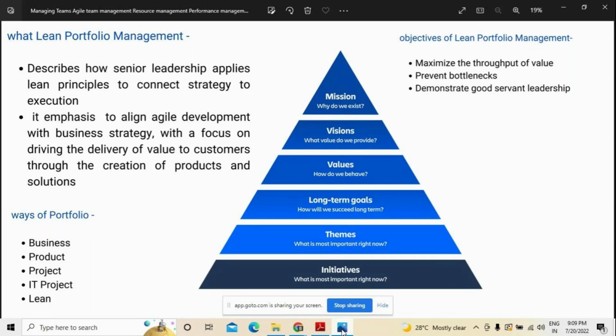So this lean portfolio management, when we see it, is majorly focusing on applying the lean principles, which majorly connects the strategy of the business with execution, majorly focused towards the senior management level. This is the first thing lean portfolio management focuses on.